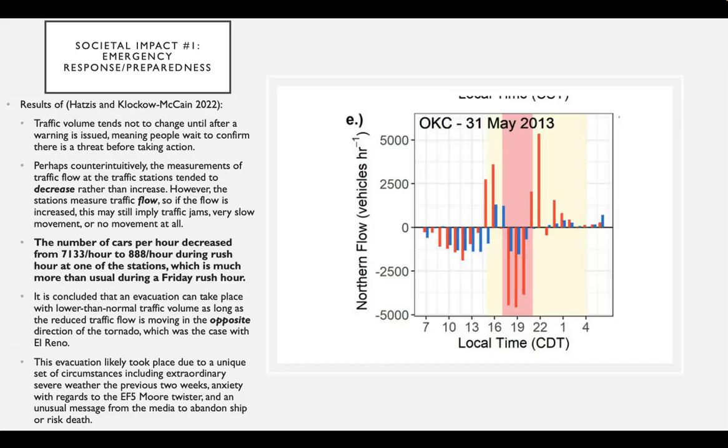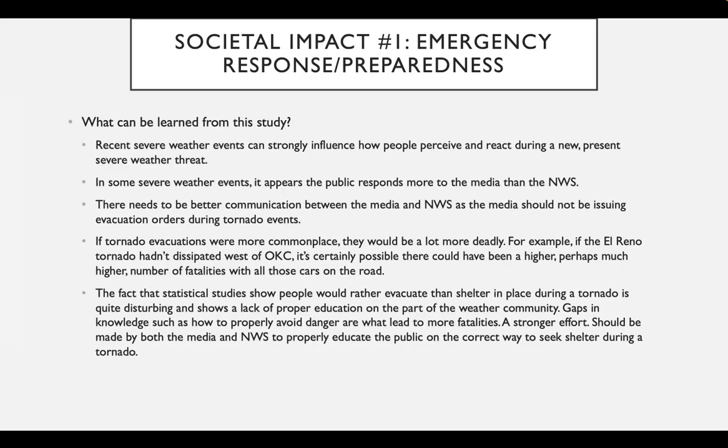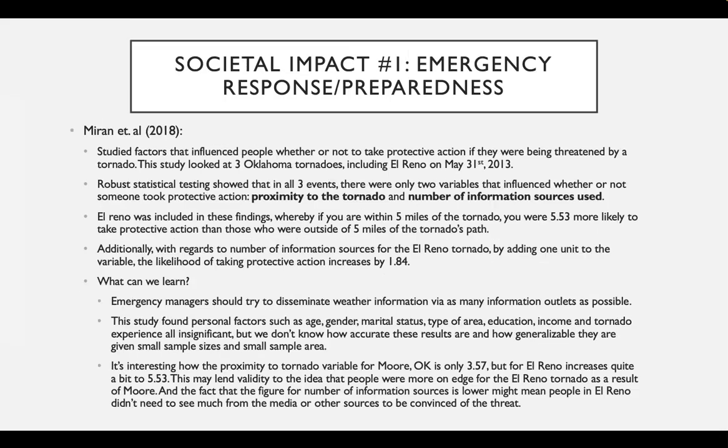So it is concluded that an evacuation can take place with lower than normal traffic volume as long as that volume is moving in the direction that is opposite of the tornado, which was the case with El Reno. So I'm going to actually skip this slide because I think we kind of covered that already.